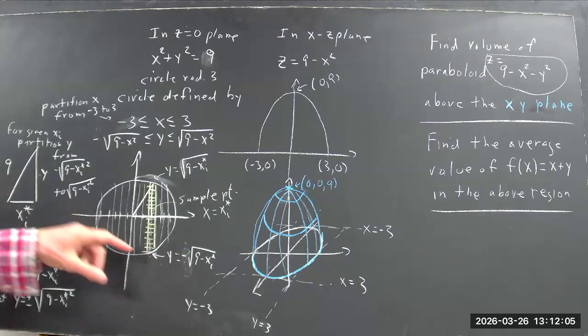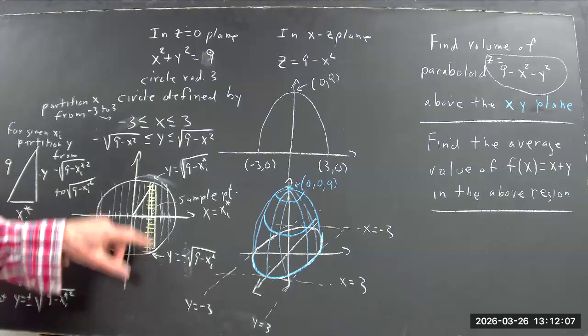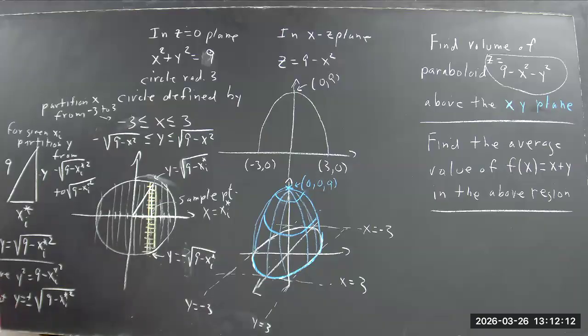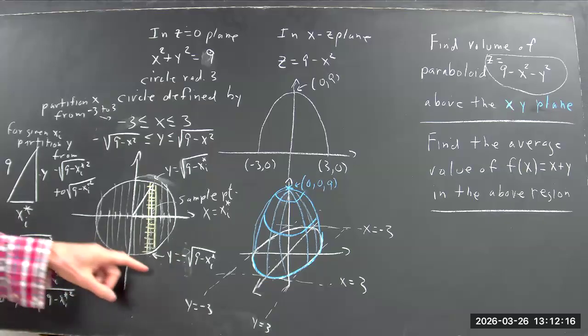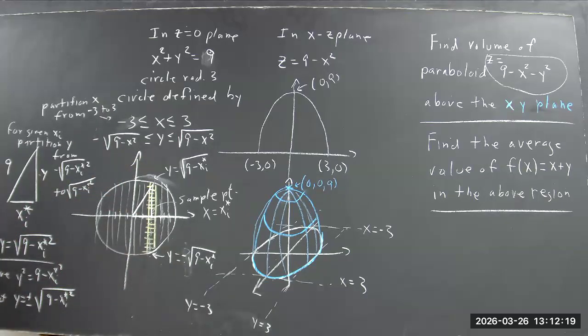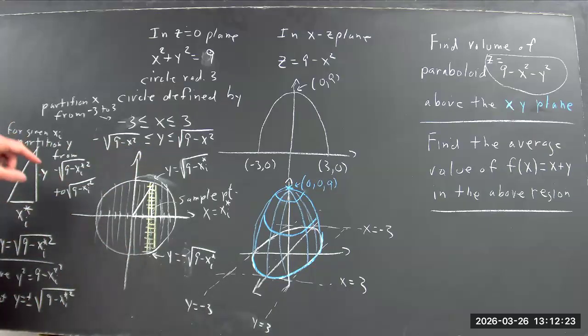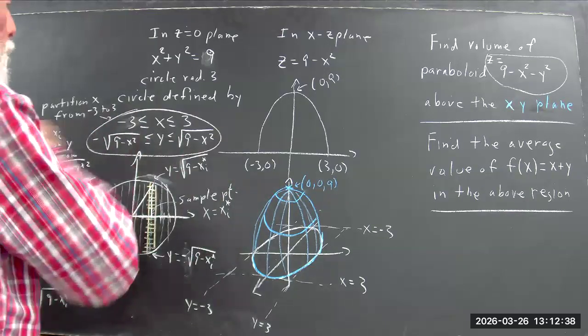We partition all the y values from here to here, wherever that partition hits the circle, wherever that xi value, the line where xi is constant, hits the circle, we partition it. And the partition is going to go not from -3 to 3. It goes from negative square root of 9 minus xi star squared to the square root of 9 minus xi star squared. Okay? That's what we're talking about. That's how you think through the limits of the integral.